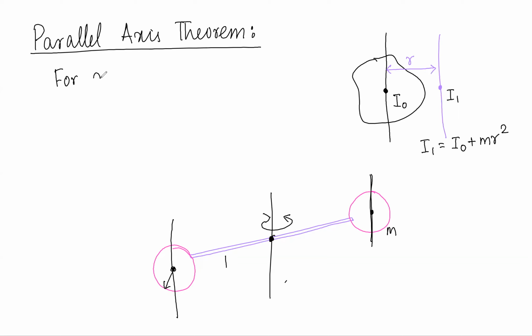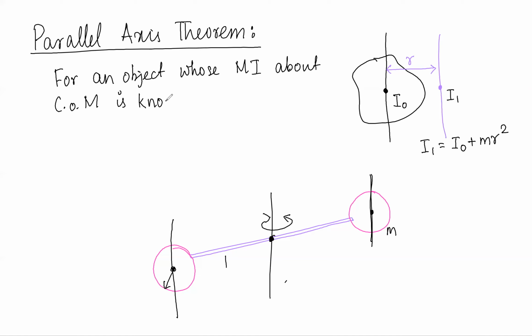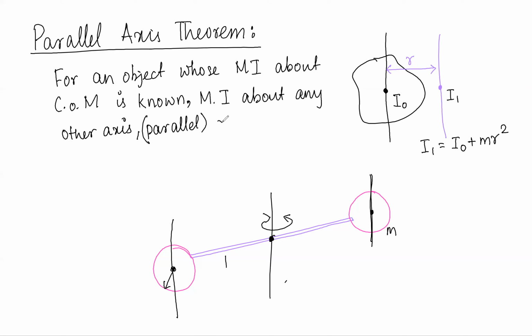For an object whose moment of inertia about the center of mass, keep this in mind, about the center of mass, not anything else, is known, the moment of inertia about any other axis parallel to the center of mass axis at a distance of r is given by: moment of inertia about that other axis is equal to moment of inertia about the center of mass axis plus mass multiplied by r square.